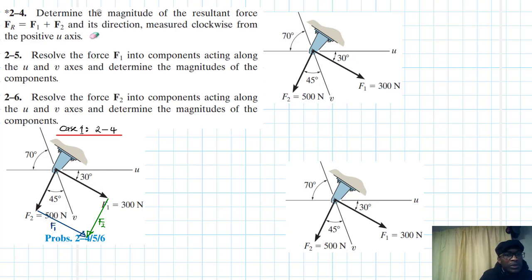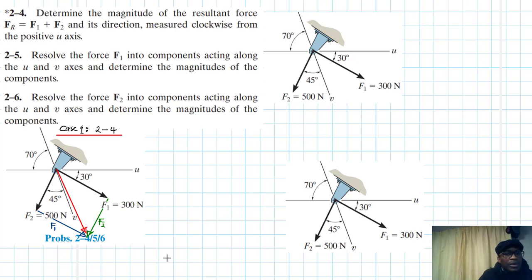Let me just clean it where it's obstructing some data. And then let's draw the resultant that starts from the tails of the two original vectors to the head of the other two vectors that we have just drawn.